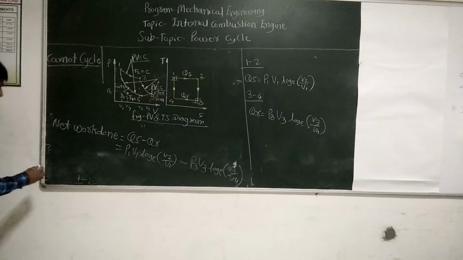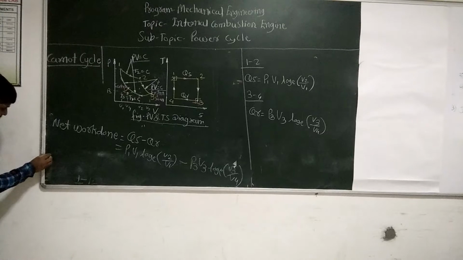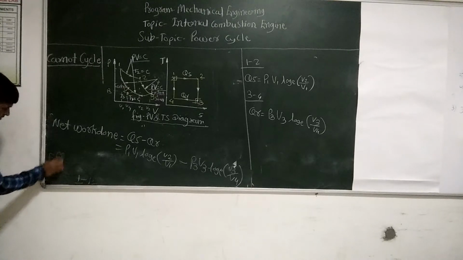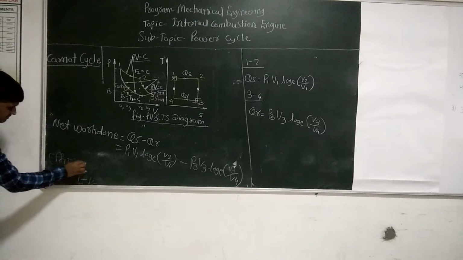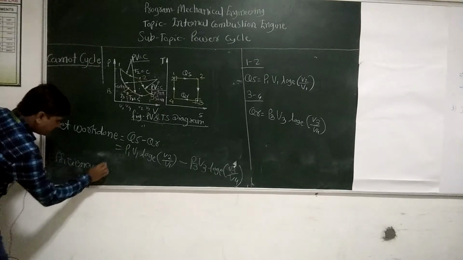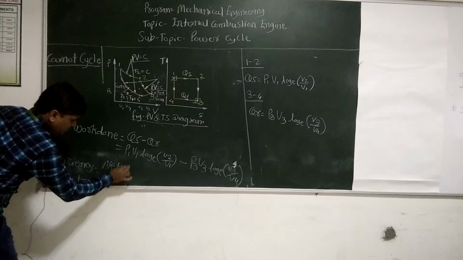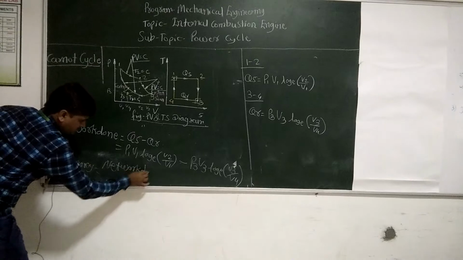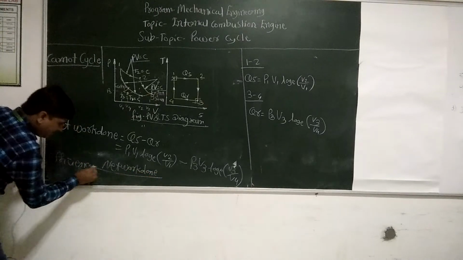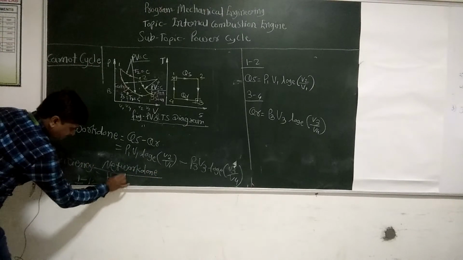Now we know the efficiency formula: efficiency is equal to net work done divided by heat supplied.